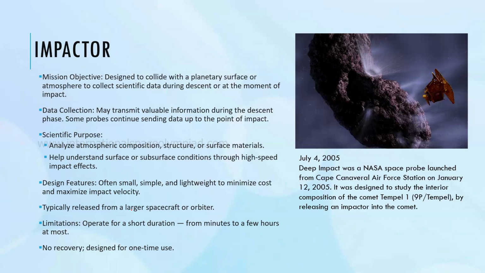So that is one thing that they do: either the satellite itself, or maybe there will be a specific impactor. One example is the Chandrayaan 1 mission by ISRO. The Moon is here, and the orbiter Chandrayaan 1 is orbiting around it.